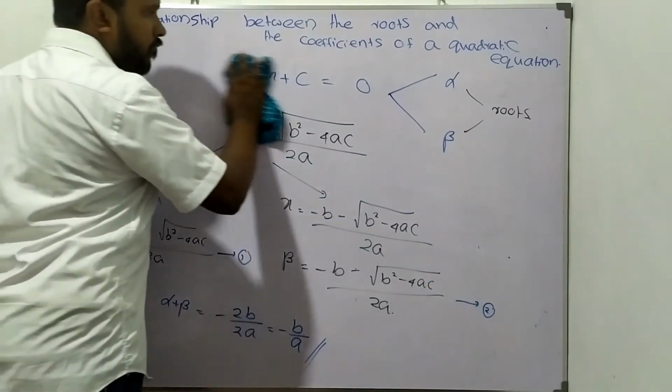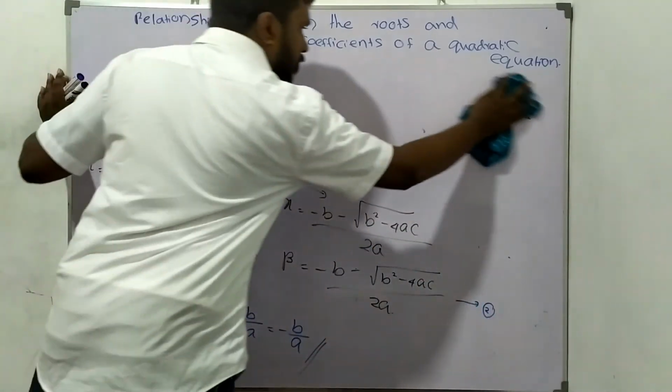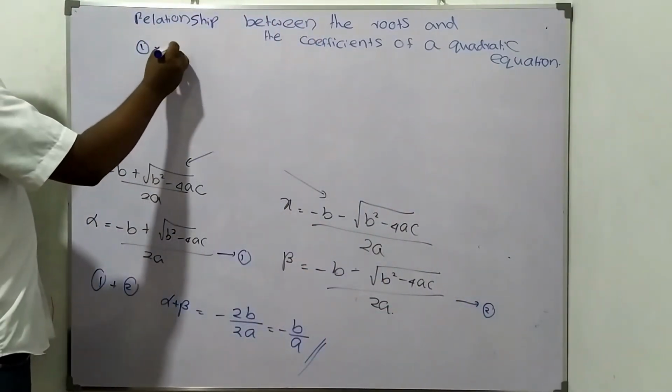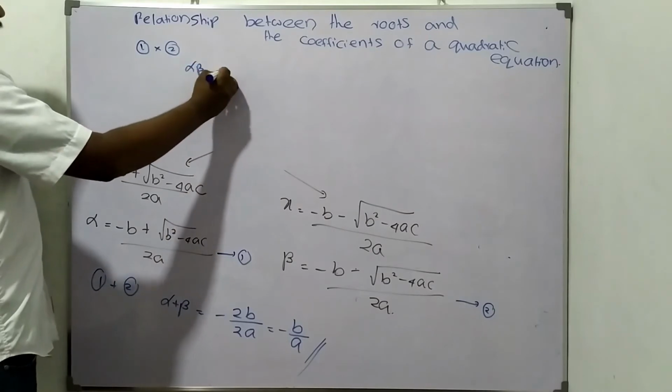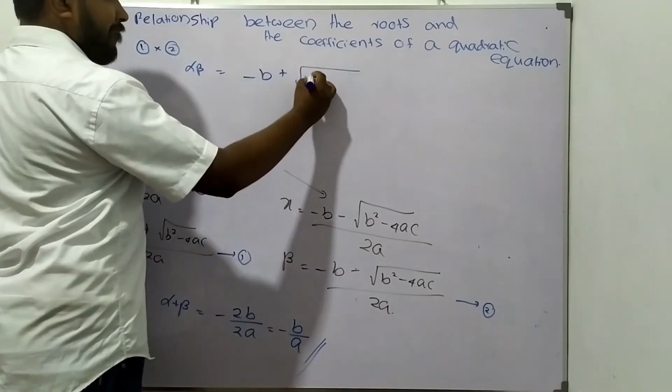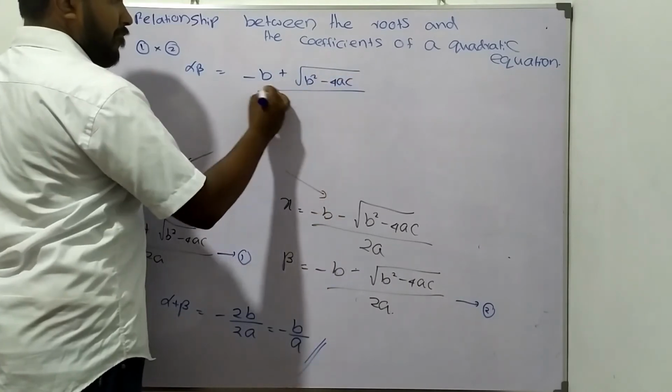Similarly, I'm going to multiply these two roots, alpha and beta, because you can see this is like the difference between two squares, right? Minus b plus the square root of b squared.